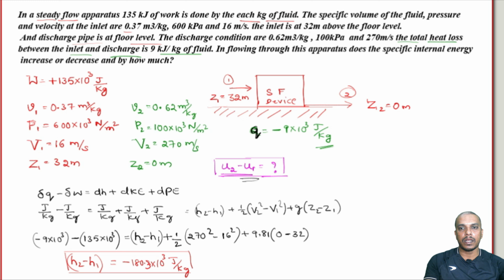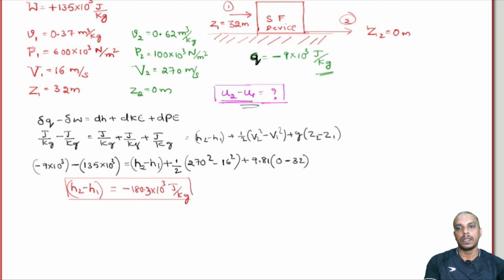But remember, we are not asked to find out the enthalpy, we were interested whether the internal energy increases or decreases. And remember, this H2 minus H1 is what? U2 plus P2 V2, this is H2, H is U plus PV, and H1 is U1 plus P1 V1. This is minus 180.3 into 10 power 3.